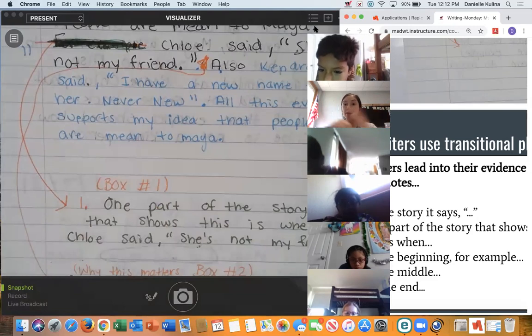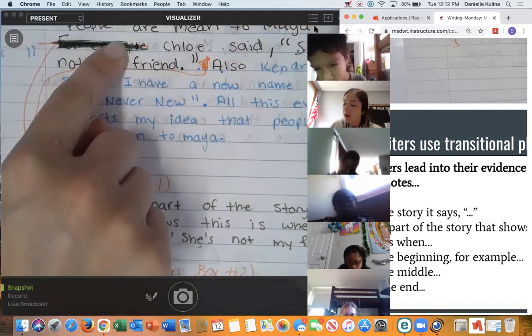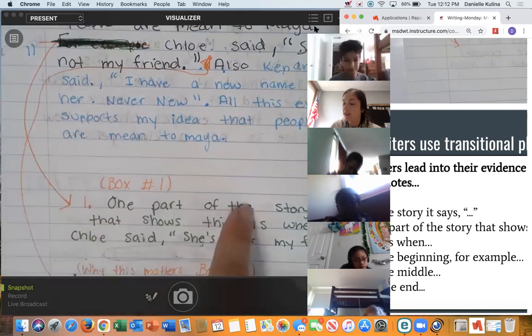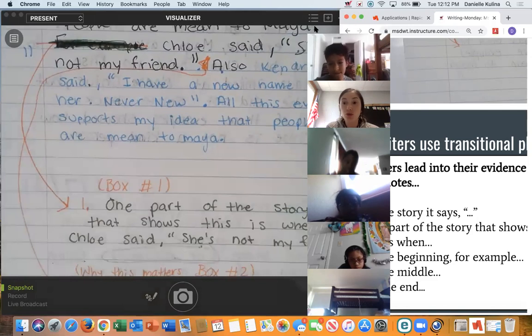I kept my same evidence, kept my same quote. All I did was change "for example" to "one part of the story that shows this is when." All right, so write that down if you do not have anything written.